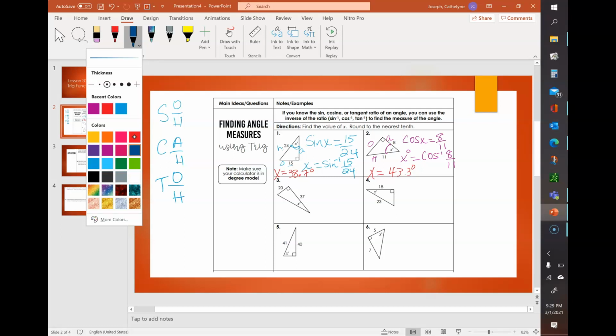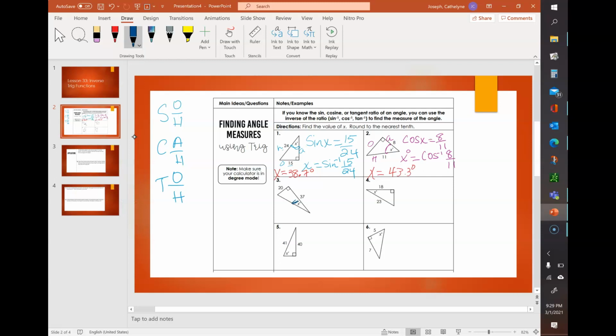All right, welcome back. Again here, label. So this is H, O, and A. This time we know O and A, so we have to use TOA. Oops, I had put an H here. So that's going to be tangent, opposite over adjacent, which is 20 over 37.